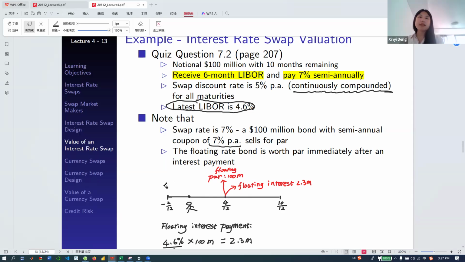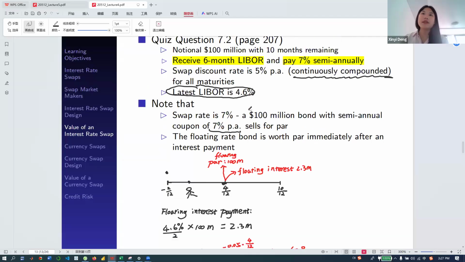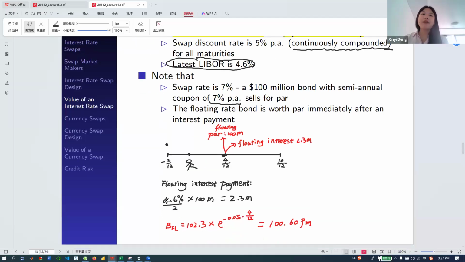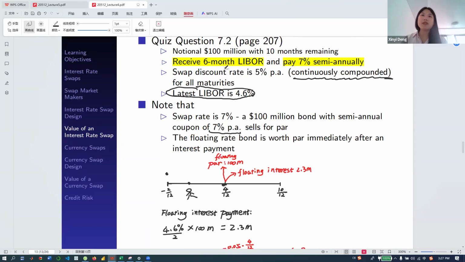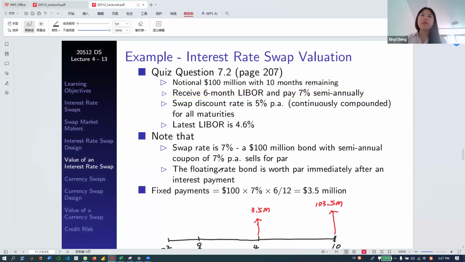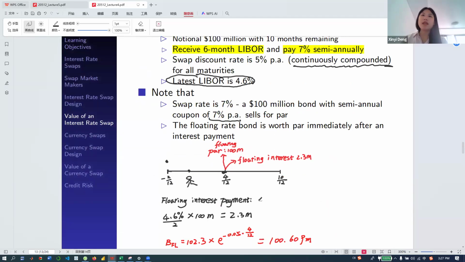Basically we will utilize that rate from 2 months ago to determine the floating rate payments 4 months later. And the floating interest is just this 4.6% divided by 2 to reflect that this is a semi-annual rate, times the notional principal amount, which is 100 mils. And that's going to be equal to 2.3 million.